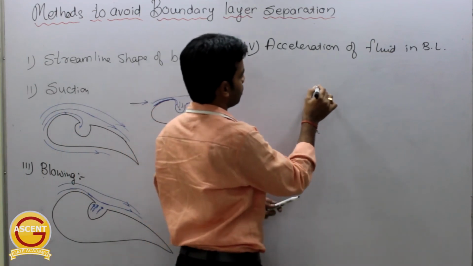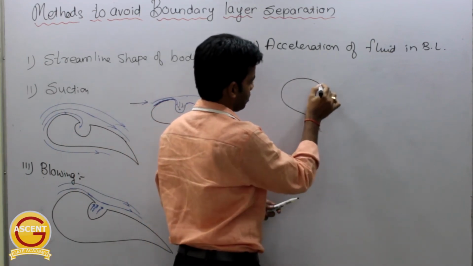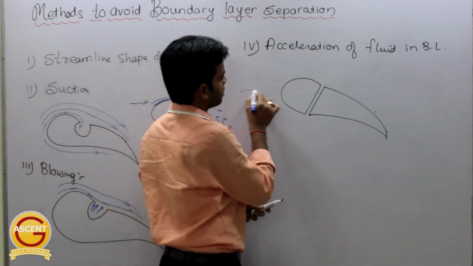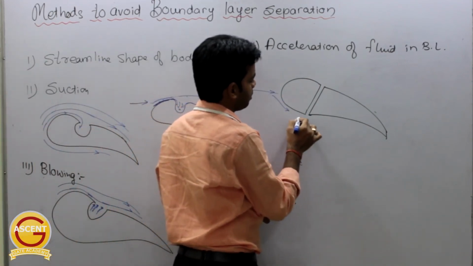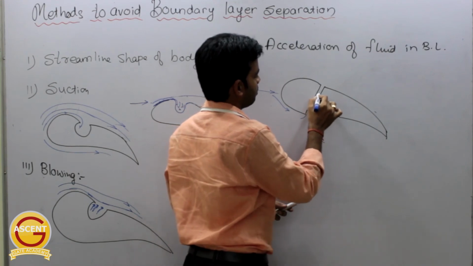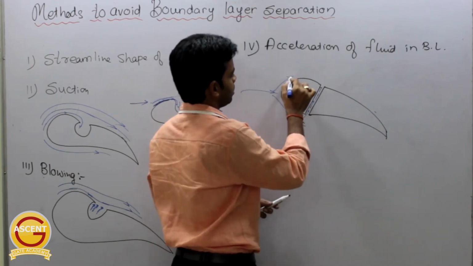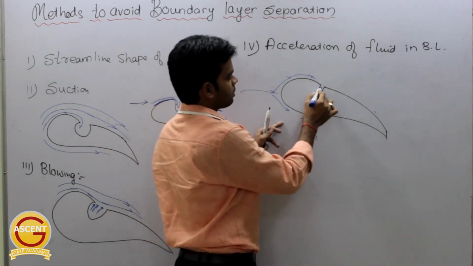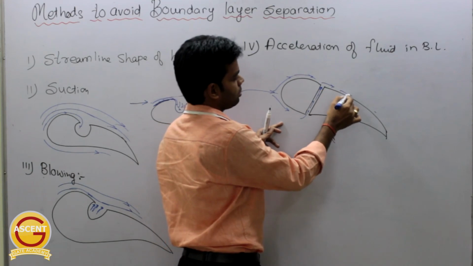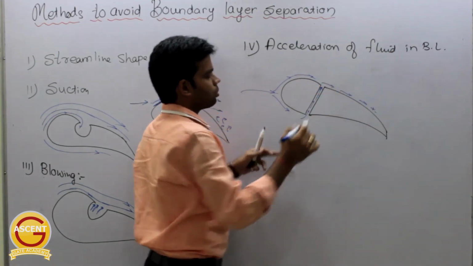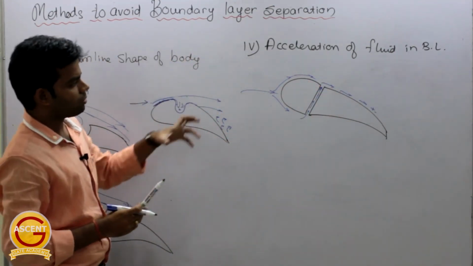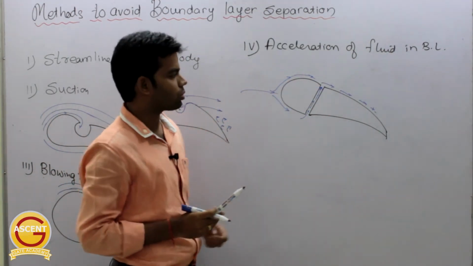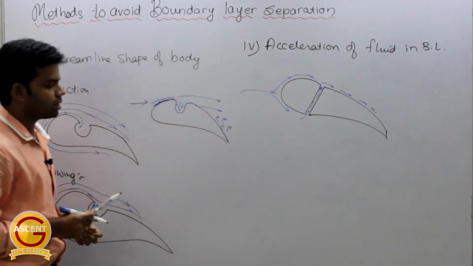So what we do here is, we make a cavity like this so that some part of the stream of air which is coming here will flow here, so that the air which is coming here, which would lose its velocity, will gain its velocity because of the air which is entering through this hole. Okay, so what we are doing is we are accelerating the fluid in between so that the separation does not occur. Okay, so this is the acceleration of fluid in boundary layer.